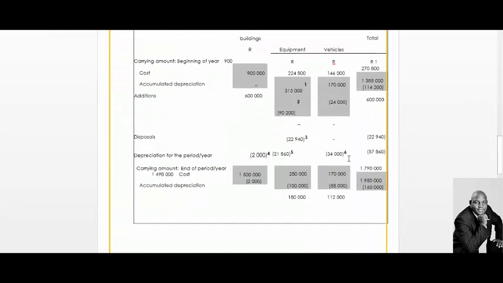So that's what we calculated in the previous question, as you can remember. So please remember that we're doing the comprehensive income for the current year. It's not for the end of the year, but it's for the current year. Okay, so that is 57,860.